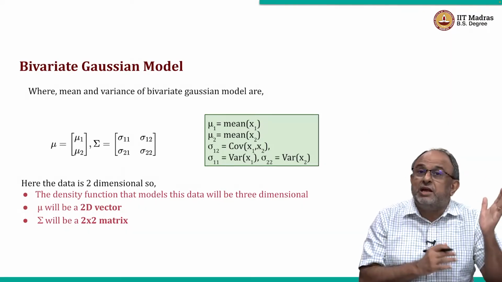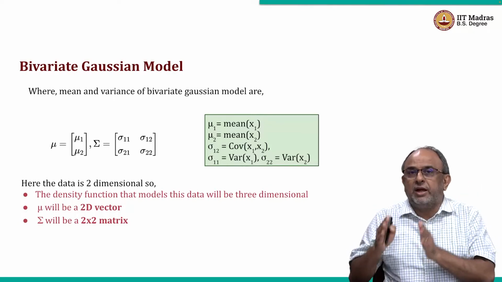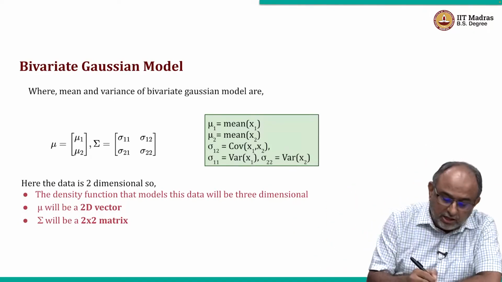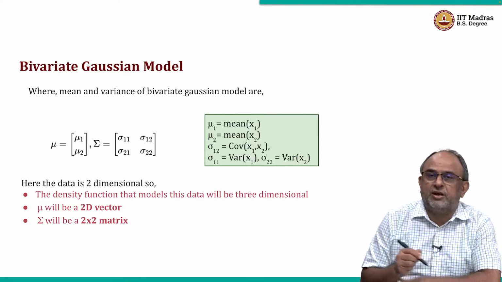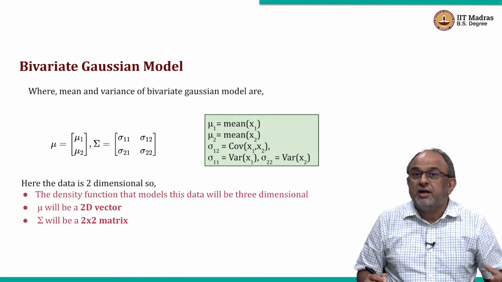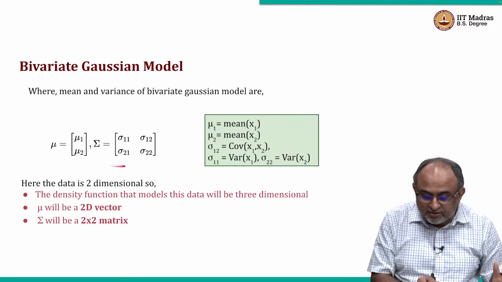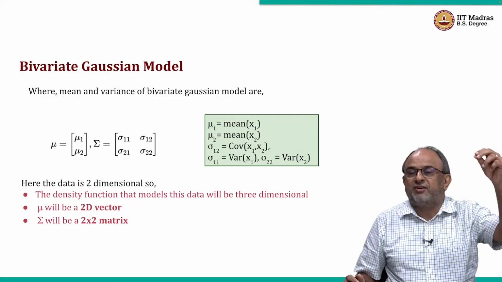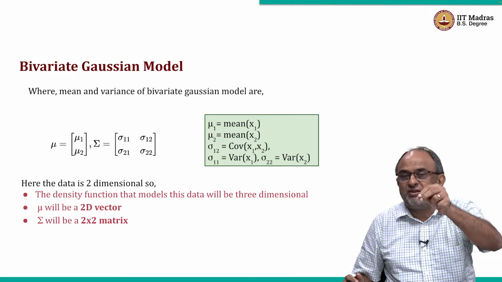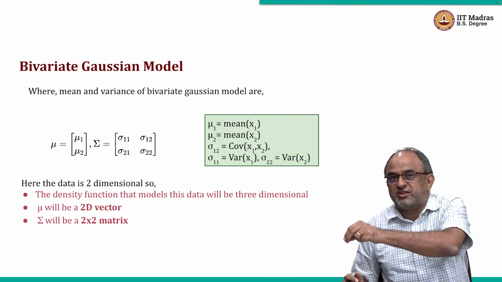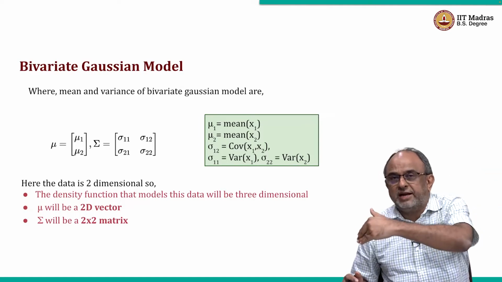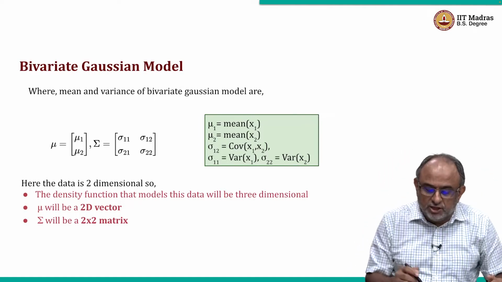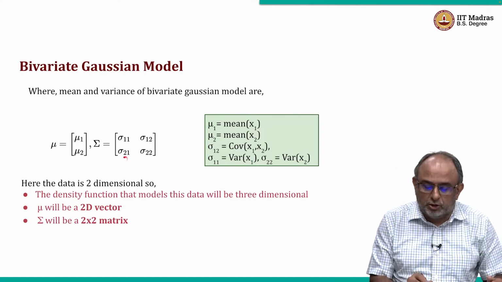If I have 3 measurements, let us say height, weight and chest size, then the mean will become mu 1, mu 2, mu 3, for the height, the weight and the chest size. Now the covariance matrix will become a 3 by 3 matrix, with the variance of the heights, the variance of the weights and the variance of the chest size along the diagonal. The off diagonals will have sigma 21 and sigma 31.